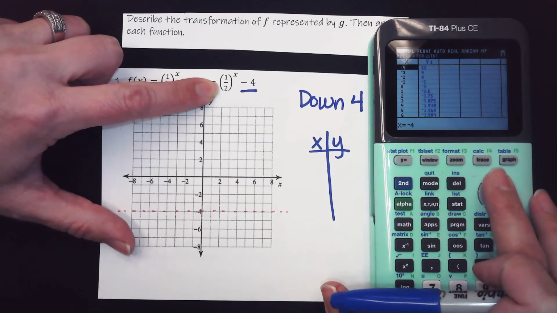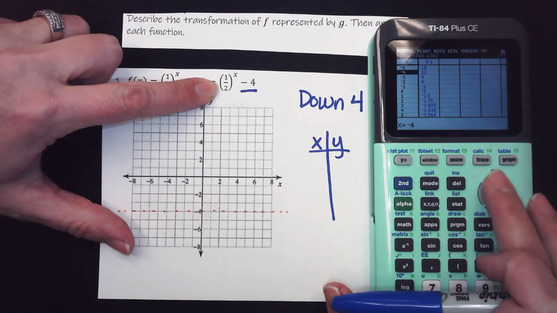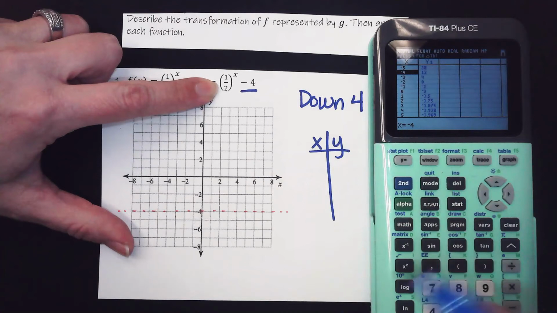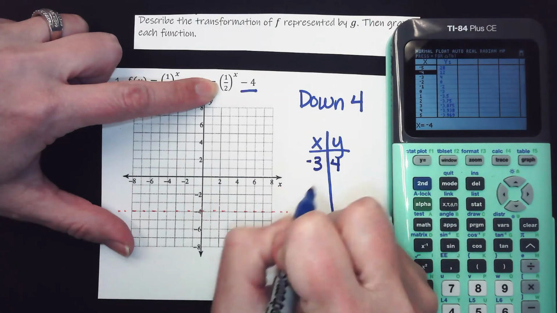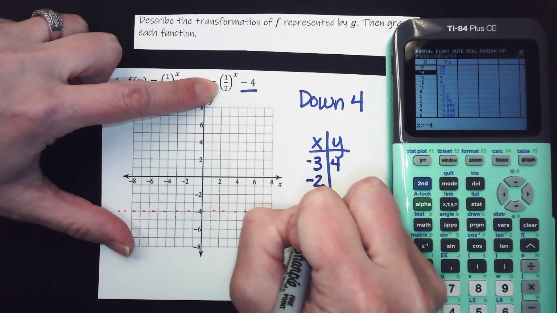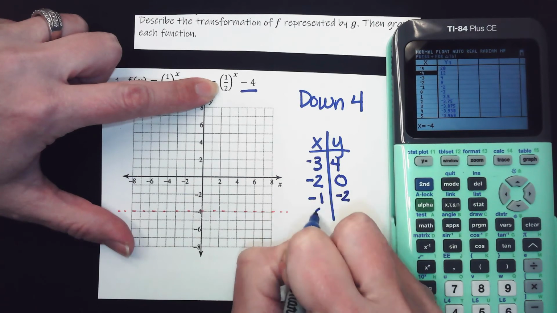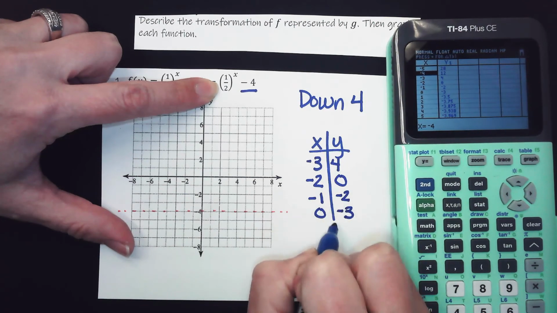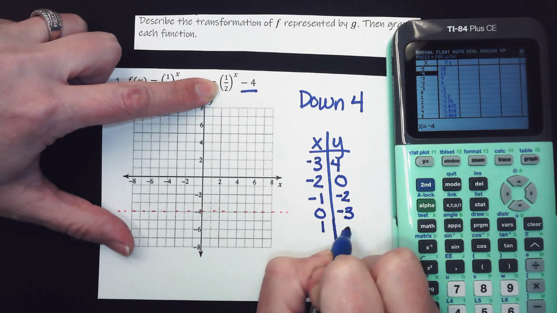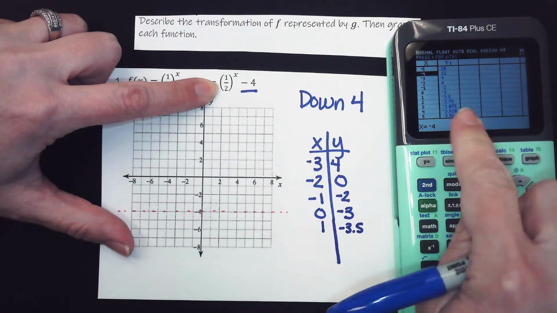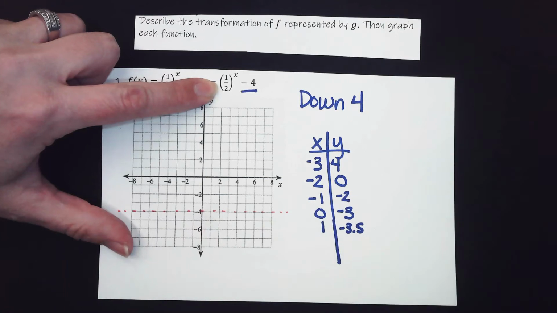I'm going to scroll so I can see some points, like -4, 12 is off the graph, but -3, 4 is on the graph. -2, 0, -1, -2, 0, -3, and then 1, -3.5, and then we see it just gets closer and closer to -4, which is where our asymptote is.